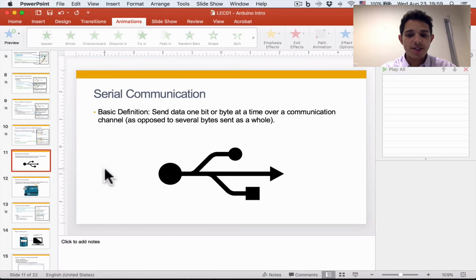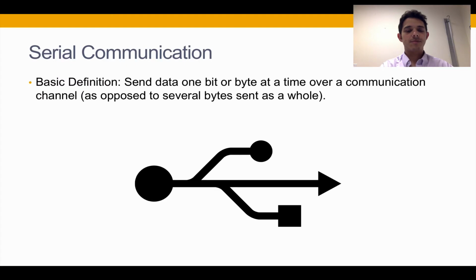Now let's talk about serial communication. So, what is serial communication? The basic definition is it sends data 1 bit or 1 byte at a time over a communication channel. An analogous concept would be smoke signals. Imagine you're standing on a hill and your friend is on another hill. They want to communicate something with you.